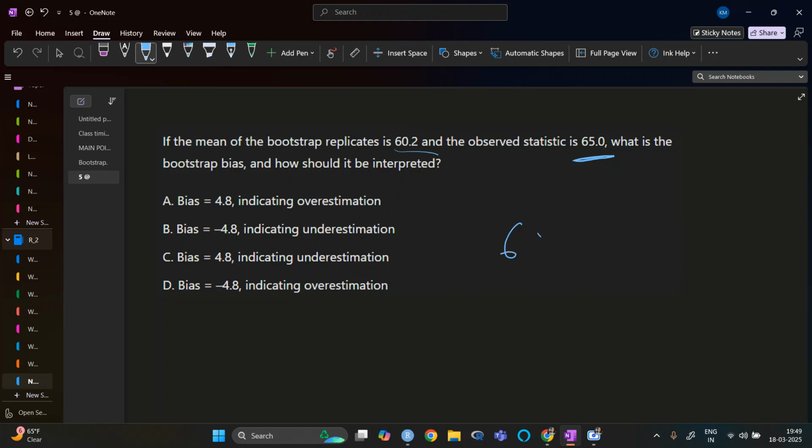The bias is minus 4.8, indicating underestimation or overestimation? It is underestimation because it is less. The real value is 65, it is estimating 60.2, so it is underestimating, right?